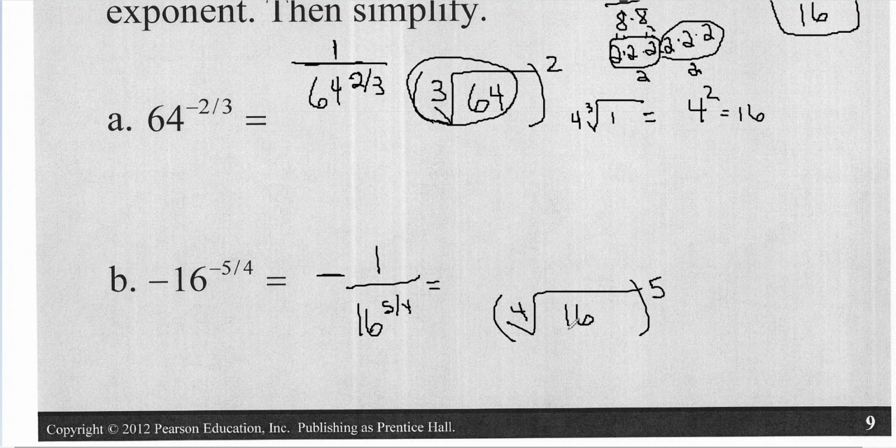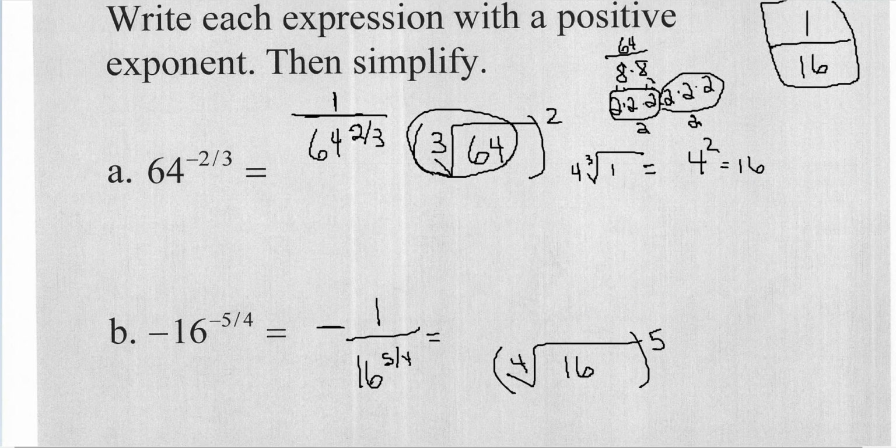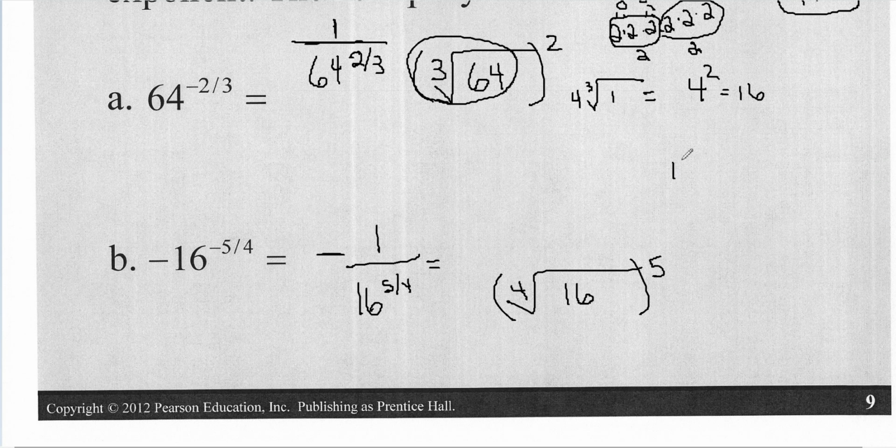All right, what's the 4th root of 16? If you remember that, didn't I just do 16 up here? That was 64. Here's 16 then. 16 is going to be 4 times 4, which equals 2 times 2 times 2 times 2. Okay, so if it's the 4th root, that's going to be 2.